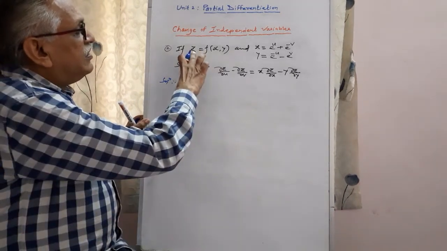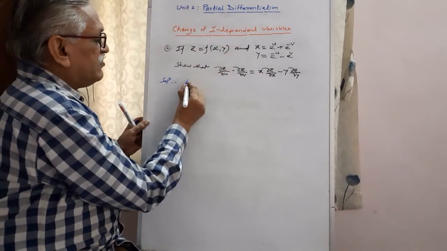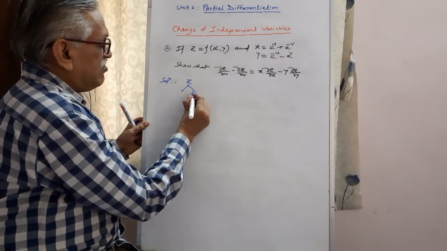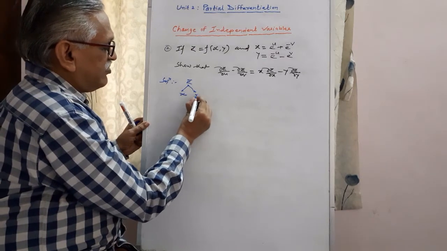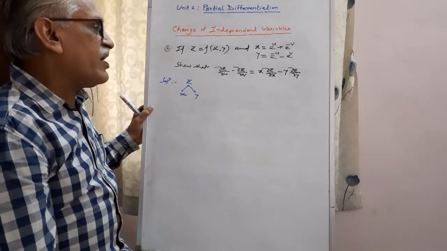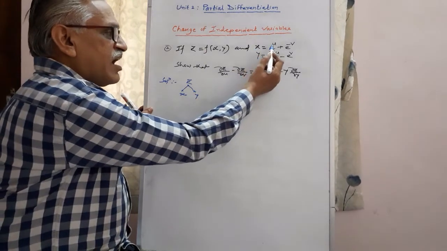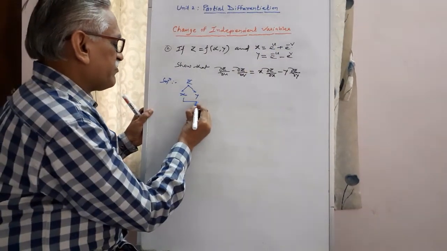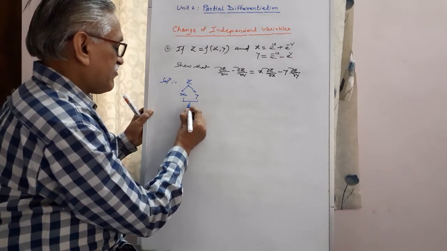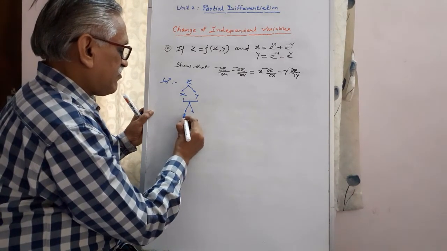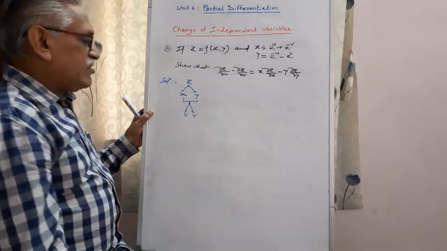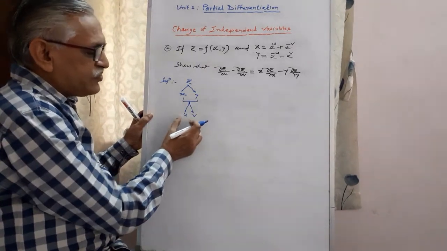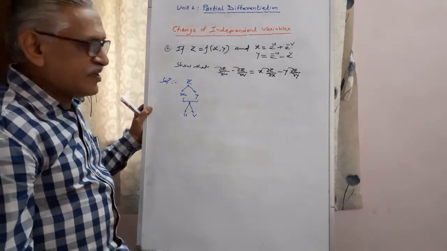Once again, z is a function of two variables, x and y, two independent variables x and y, and these x and y are functions of another two variables u and v. Therefore, original independent variables are x, y, that we have to change to u and v.